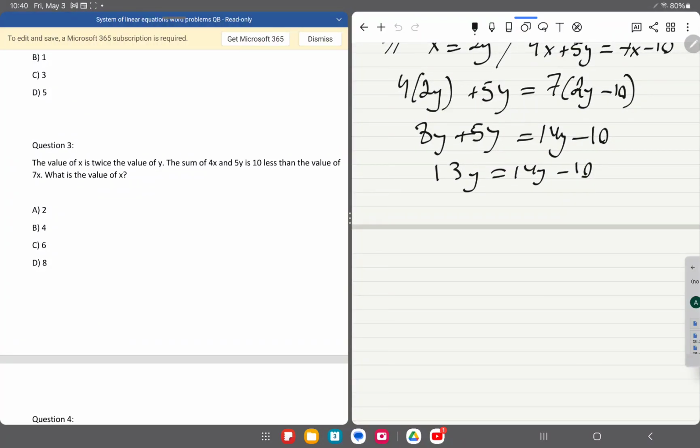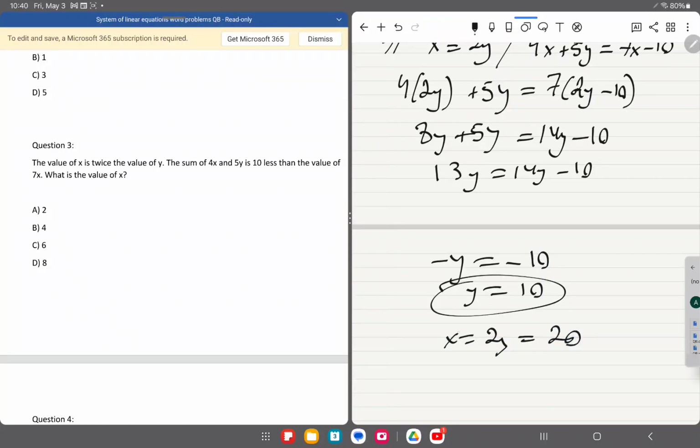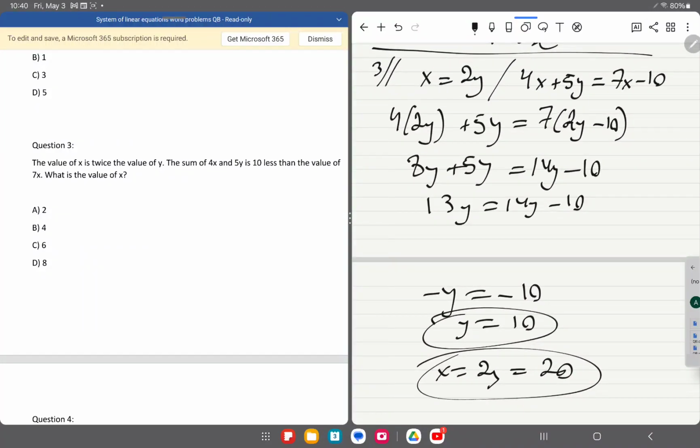Okay, so this is minus y is equals to minus 10, y is equals to 10. But they want x. So I'm gonna solve for x. x is equals to 2y, which is 20. Okay, none of the answers here add up.